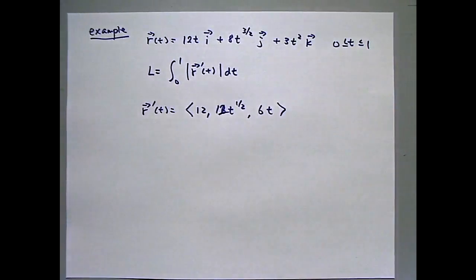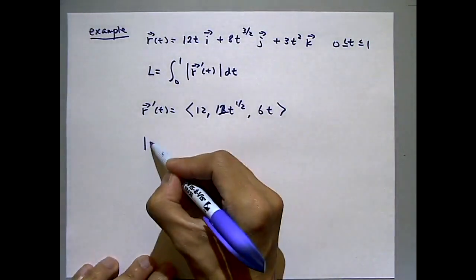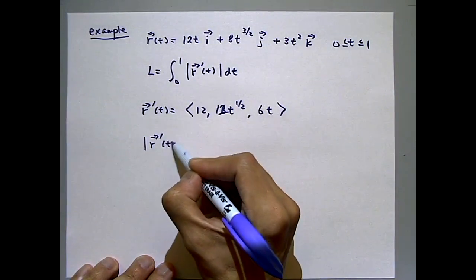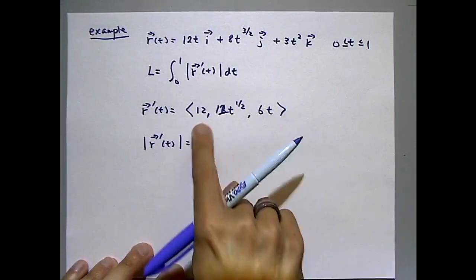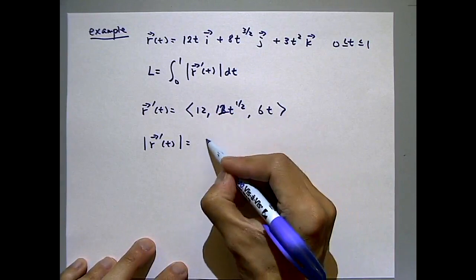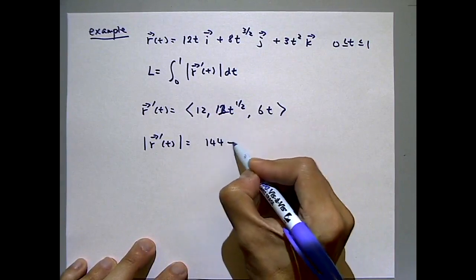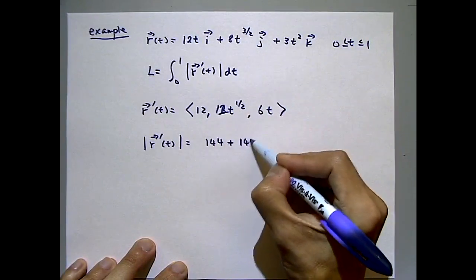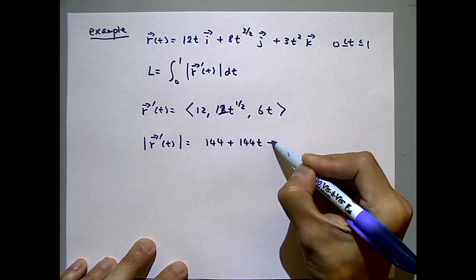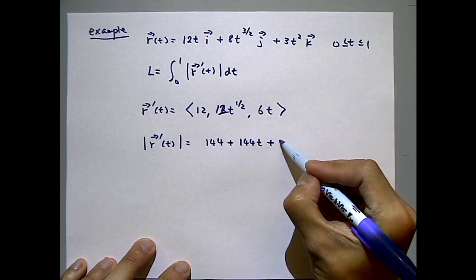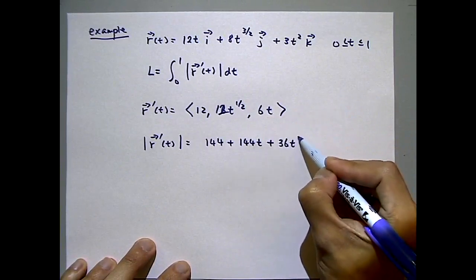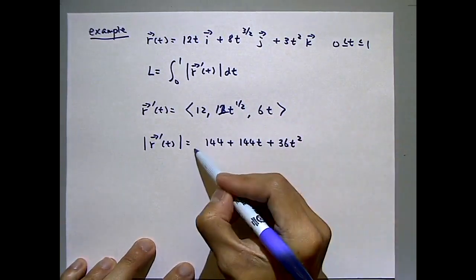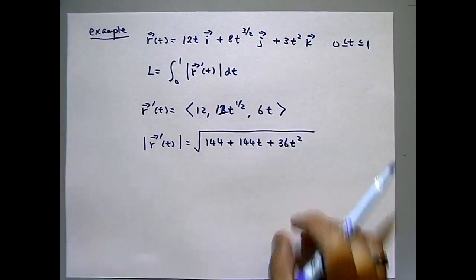Okay, that's not too bad. Magnitude of that, this thing squared, that's 144. This thing squared is 144t. This thing squared is 36t squared. And all of that stuff under a radical.